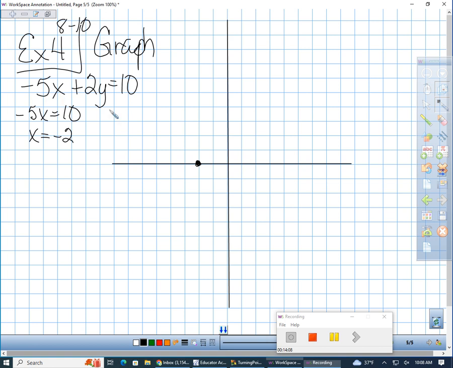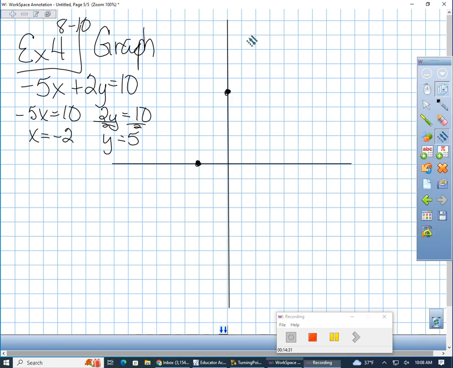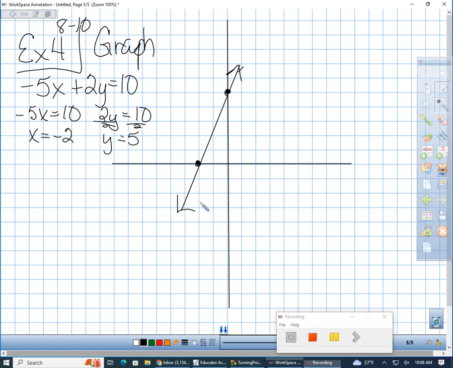Good, negative 5x. So I have 2y equals 10. Divide both sides by 2, and y equals 5. 1, 2, 3, 4, 5. Connect your dots. Yeah, it is a lot of mental math. Standard form is. All right, any questions?